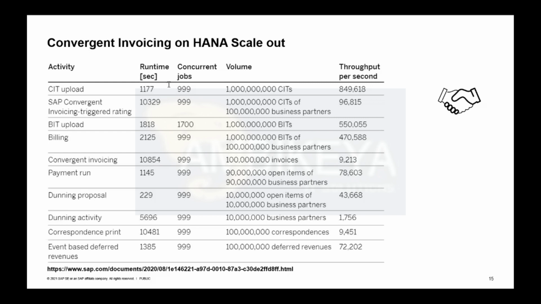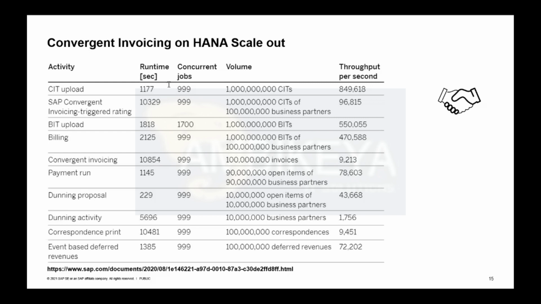That means our high volume industries are able to handle the uploads, the rating, the billing, and the invoicing in very short time frames, because they are able to use the technique behind it and come to very high volume and very short running times.